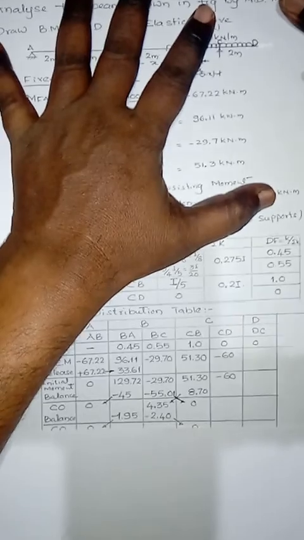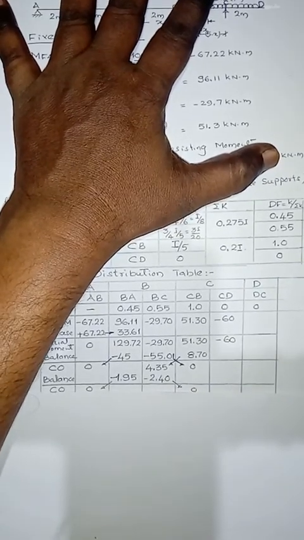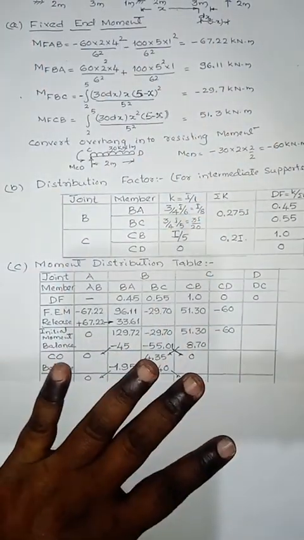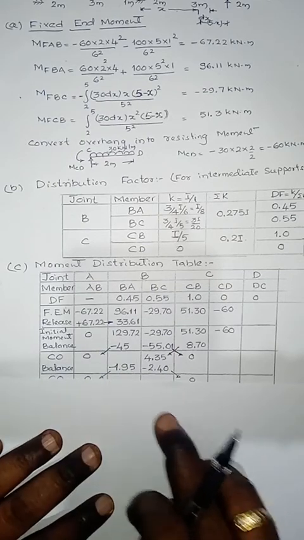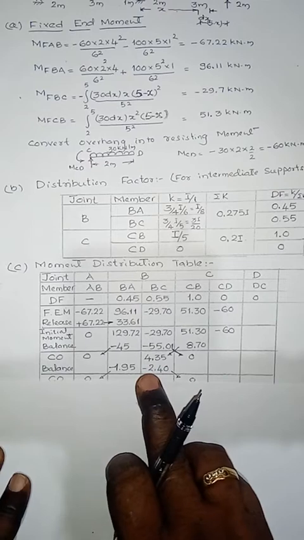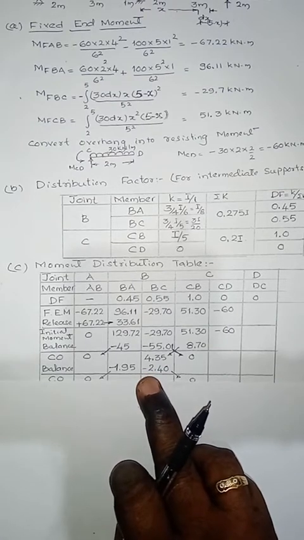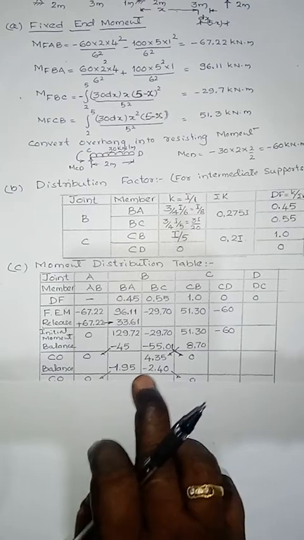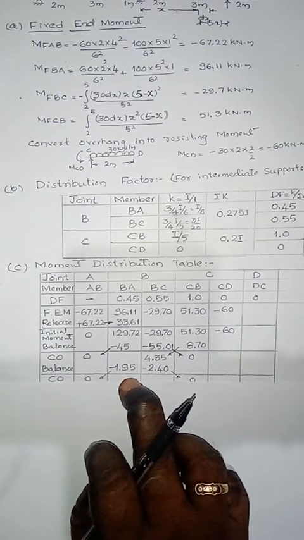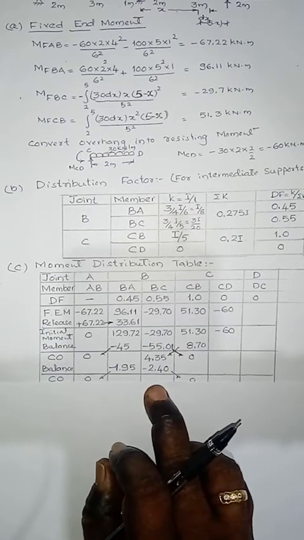We balance it by adding minus 4.35. Minus 4.35 is divided among these two members at the rate of 0.45 and 0.55.